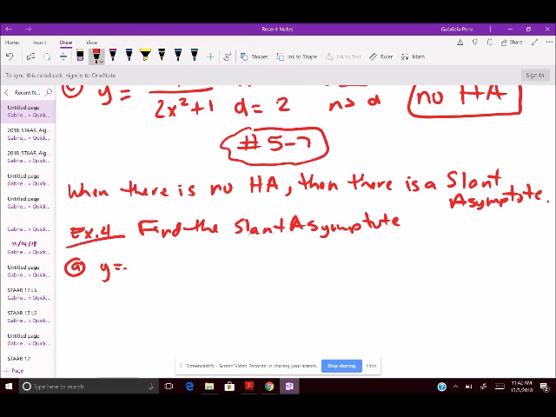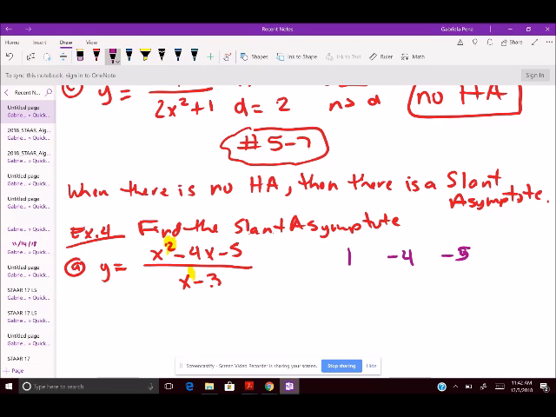So y equals x squared minus 4x minus 5 over x minus 3. Is there a horizontal asymptote? No, because the degree here is 2, the degree here is 1. The numerator is greater, so that's why it's a no. So when you do this, you just use synthetic division. 1, -4, -5.